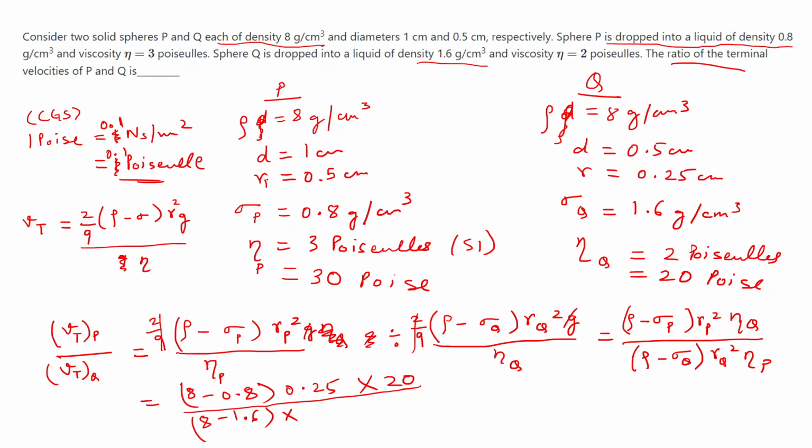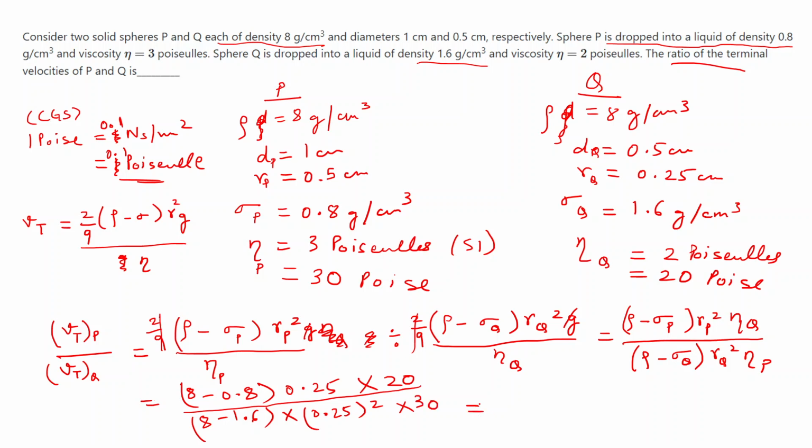There are different values, right? Rp and Rq. This will also be P, sorry, Q. This will be Q. This will be P. Okay. So the value Rq is 0.25. Square of 0.25. Okay, whatever it is, I'll calculate. Times 30.